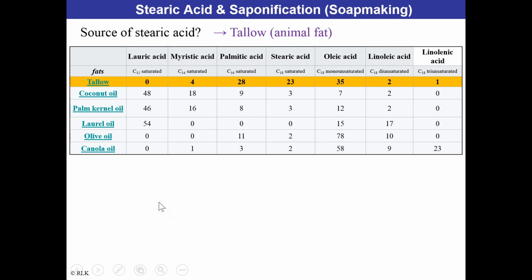And obviously not all plants have the same fats. Like if you look at olive oil, for instance, there is no lauric acid, no myristic acid. It does have some palmitic acid, a little bit of stearic acid, a lot of oleic acid, and some linoleic acid, okay? So I think this is really interesting because if you go back up and look at tallow, right? Tallow is pretty much evenly distributed with palmitic acid, stearic acid, and oleic acid.